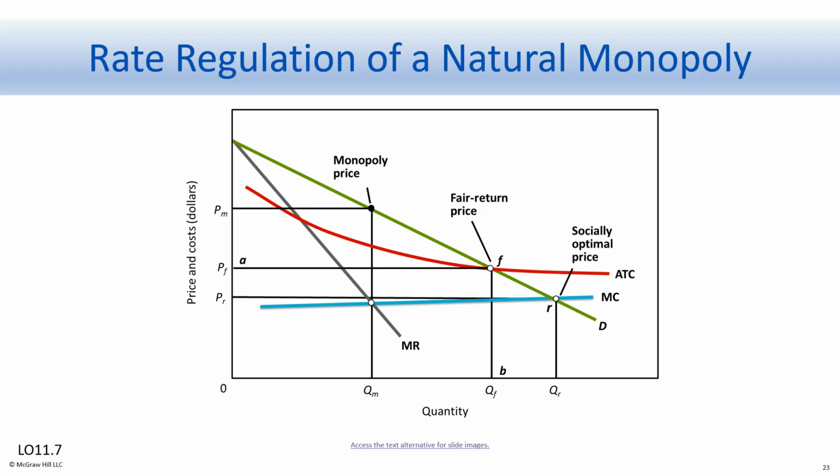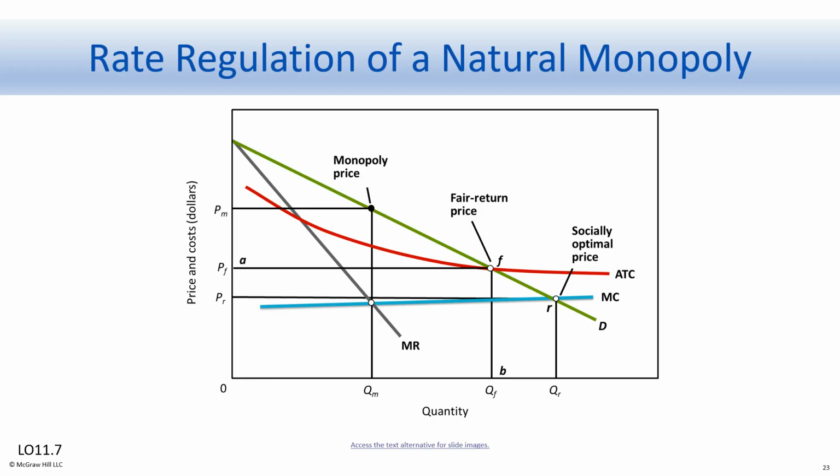When the rate that's allowed by the monopolist is below average total cost, they can't make a profit. In fact, the firm's going to experience a loss, right? You see that here at price P sub R per kilowatt hour of electricity. The firm will not earn a profit. It'll earn a loss. Okay, so the socially optimal price will force the monopolist, OG&E or what have you, to experience a loss. And that's unsustainable.